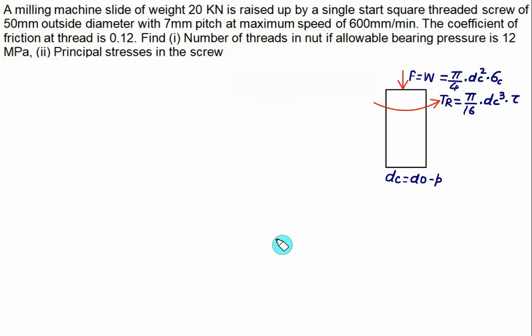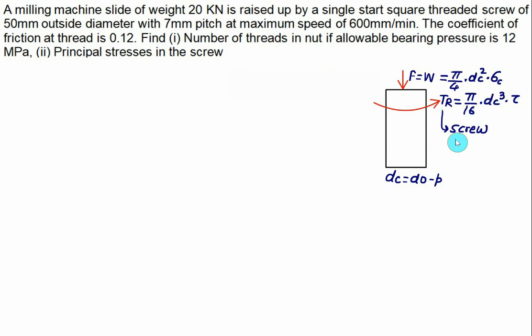The screw body is subjected to the load F, which is equal to pi by 4 dc square into sigma c, where sigma c is the compressive stress produced. Due to the friction between the thread and the screw we have TR, which is only the contribution due to the screw, not the collar, equal to pi by 16 into dc cube multiplied by tau.